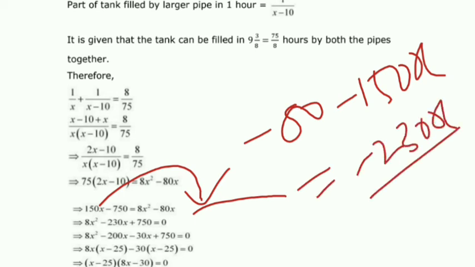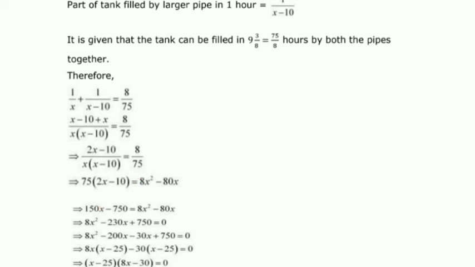Okay, so it is 8x square minus 230x. Now minus 750 shifted right becomes plus 750. Here plus 750 is written as you are getting this. Now we have the general form of the quadratic equation. It is 8x square minus 230x plus 750 equals 0.